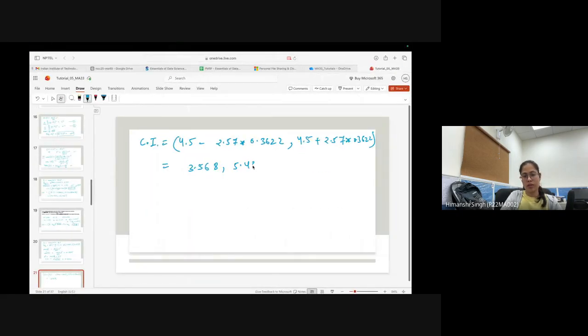So this is the confidence interval. Okay, is it fine? Any doubt in this question?